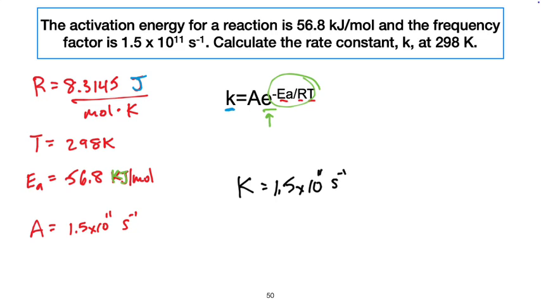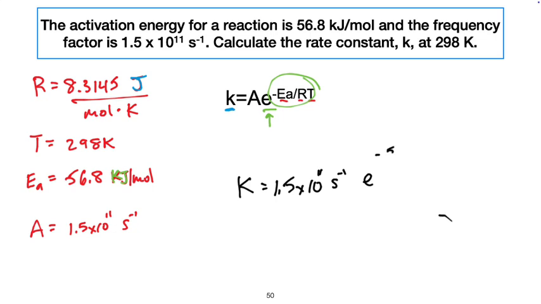seconds minus 1. Is that a constant like throughout all equations or just the specific one? When is that A constant? That A is constant for this particular reaction, whatever reaction you're studying here. This is going to be negative. Negative. We're doing kilojoules, and I make it joules.